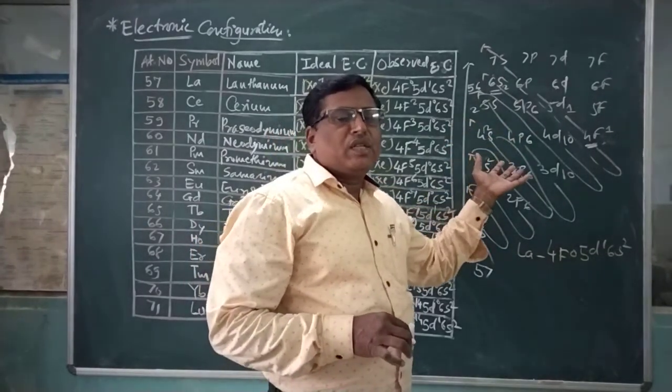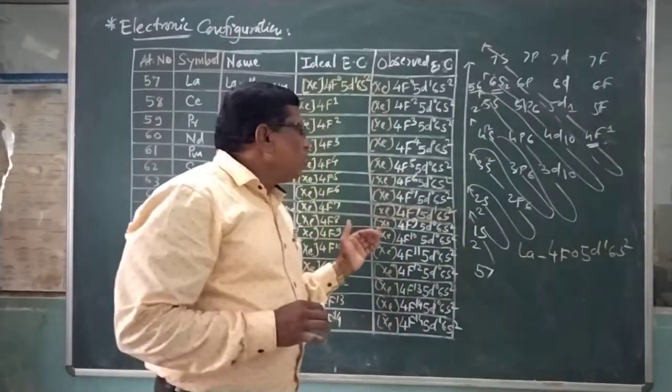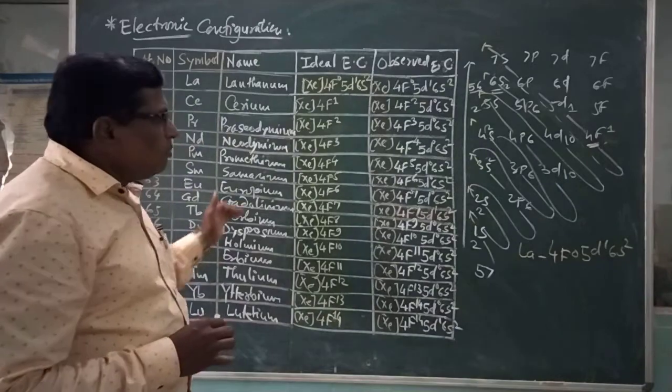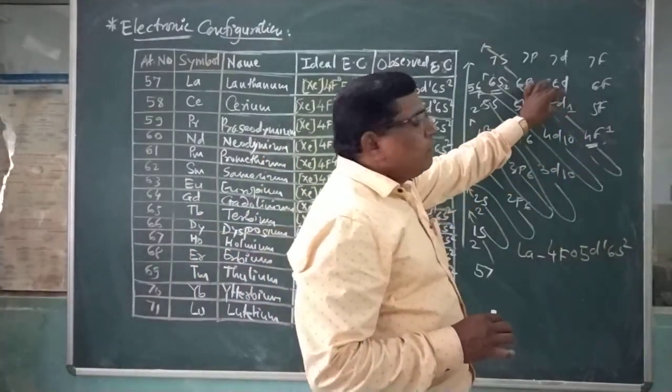The last electron enters the f orbitals, and therefore from cerium to lutetium all the electrons enter 4f instead of 5d.